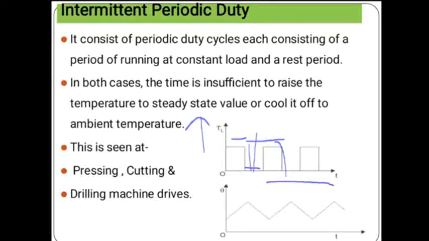It happens periodically, as in the next graph. You can also observe that the temperature increases gradually then goes down, and after some time it increases gradually and goes down again. So it happens periodically, and we can say that this is the duty cycle of intermittent periodic duty.